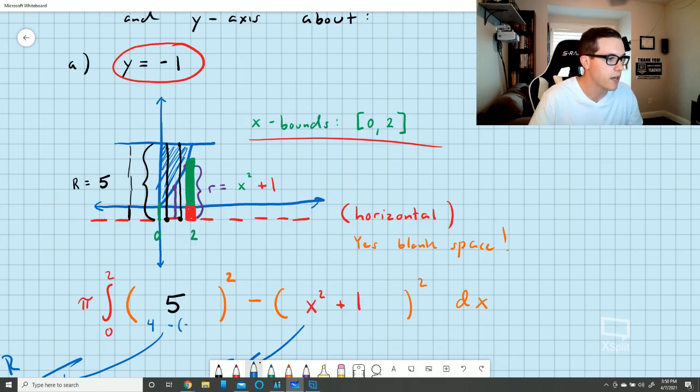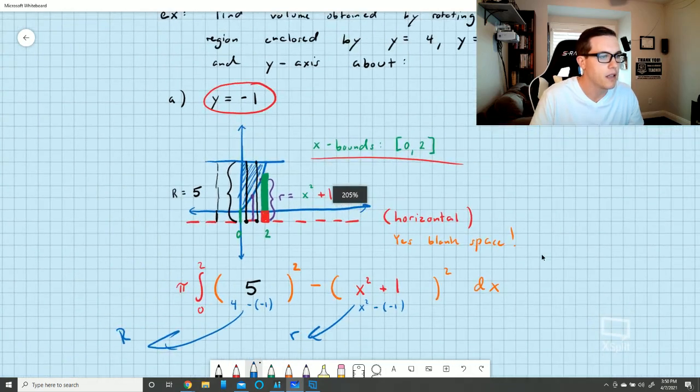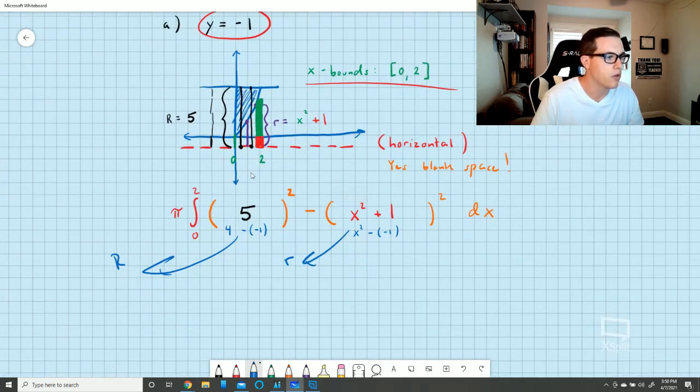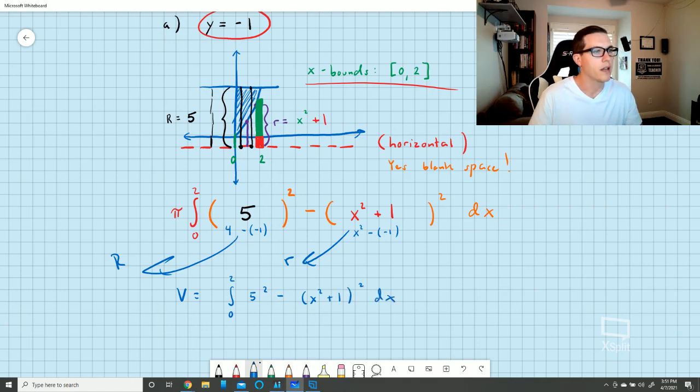So 4 minus -1. So same thing here, x squared minus the axis of rotation. It's another way to think about it. But I like thinking about it in terms of distances, especially because of what's happening next. And then once we've done that, that's the setup. So in your Desmos, which we're not going to do for the sake of time, because like I said, the hardest part of this whole thing is just getting the setup, that would be the thing we plug into Desmos.